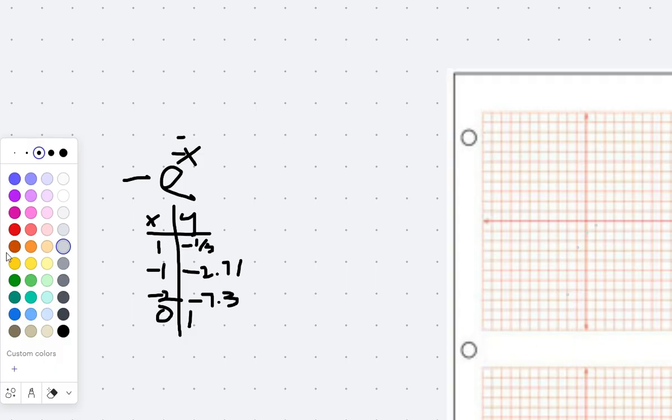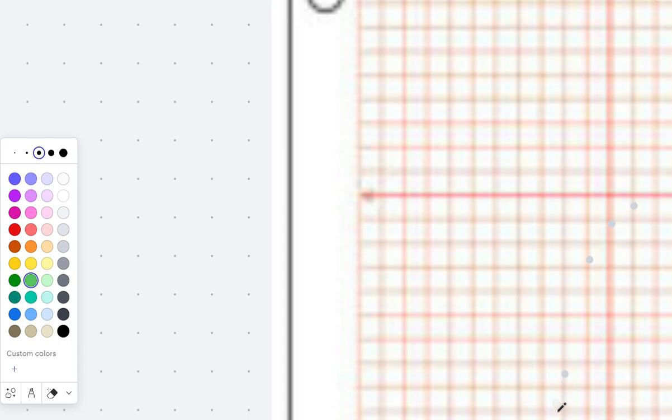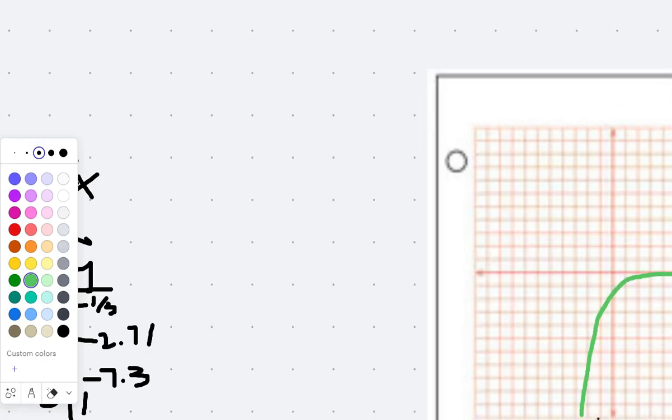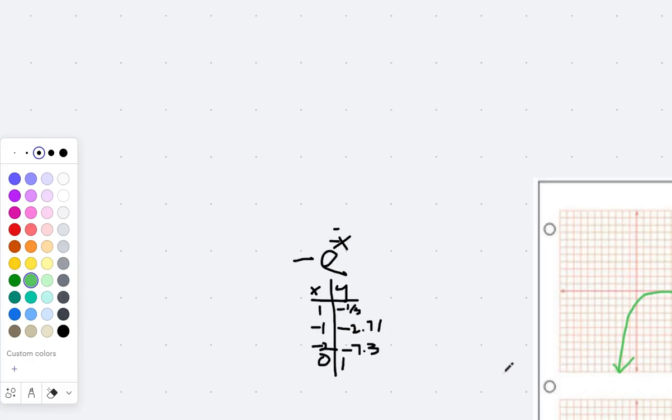Let's do green this time. We're going to do something like that, come all the way around like that. Okay, that's basically it for the video.